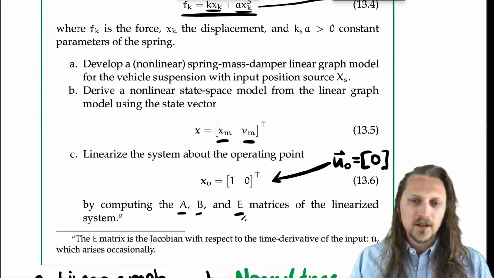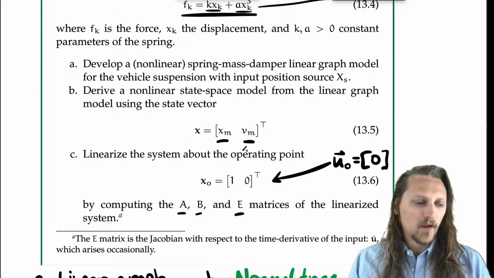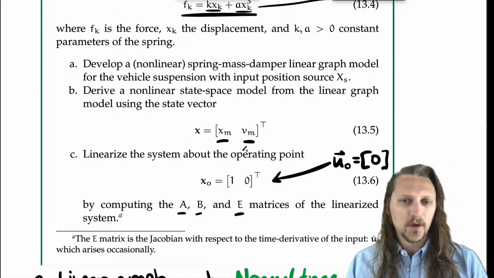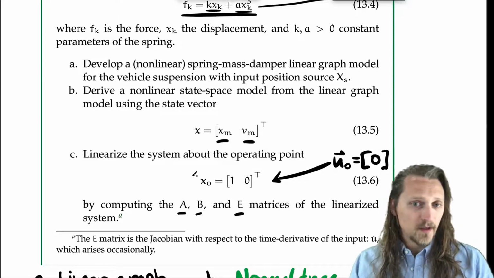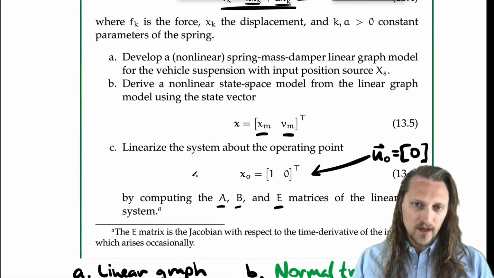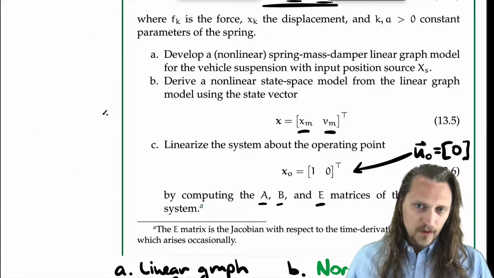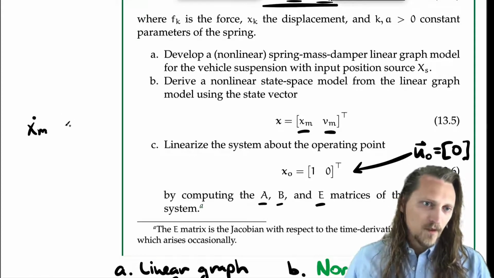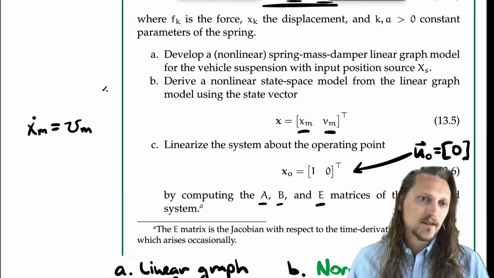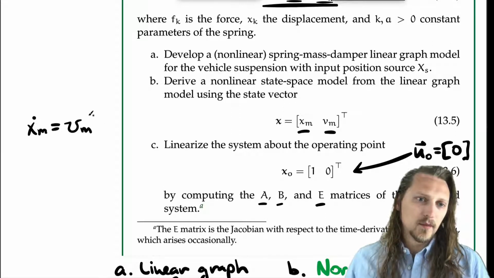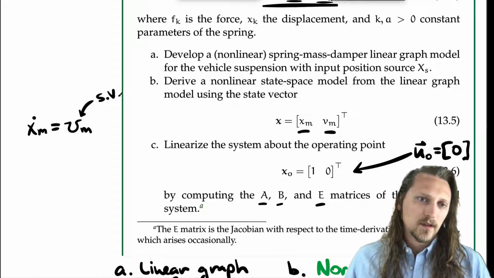And it turns out that our choice here is a pretty common choice, in part because it gives us a state equation very, very easily, which is to say, if you took the time derivative of xm, it is by definition just the velocity of the mass, which is the other state variable. So this is a state equation.